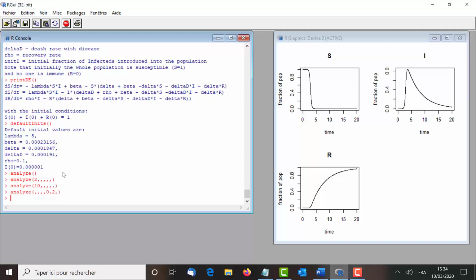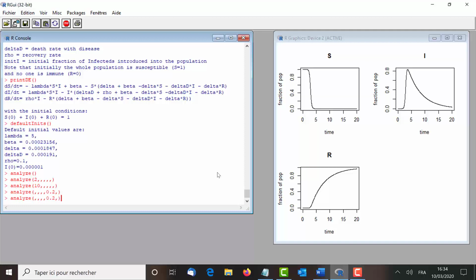If I do that, I'll see that the disease drops back down dramatically. Of course, I'm not staying infective so long, so naturally we're going to recover. If we look at the infectives here, the disease is going to die out much faster.